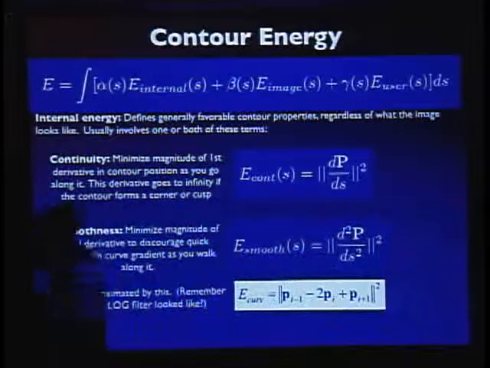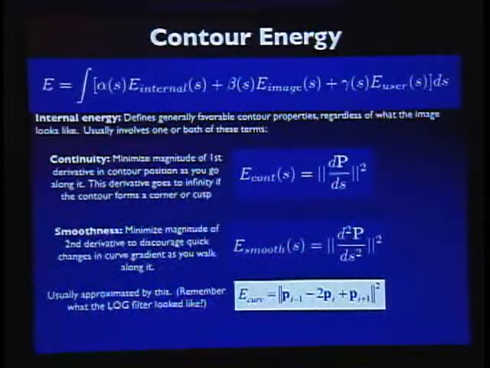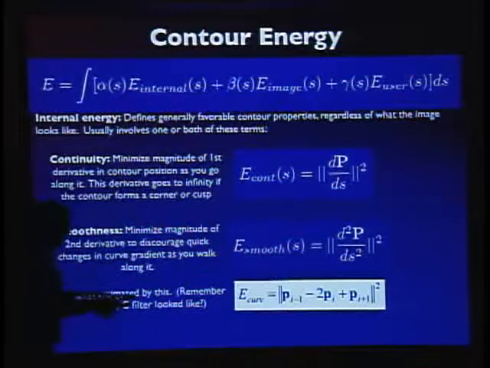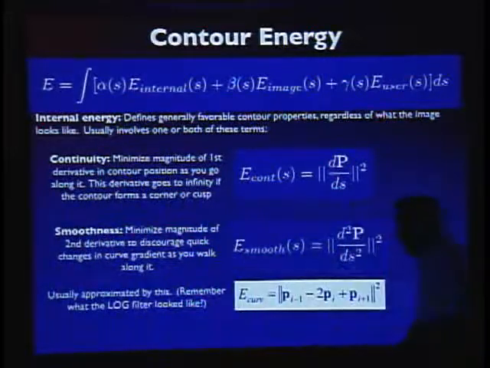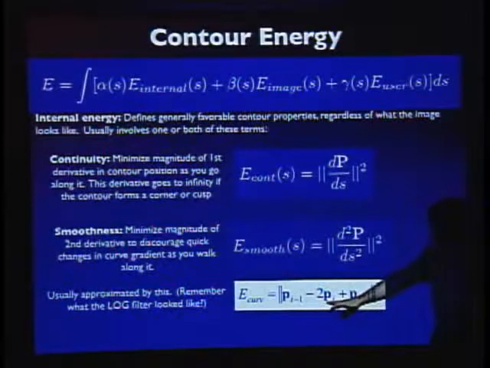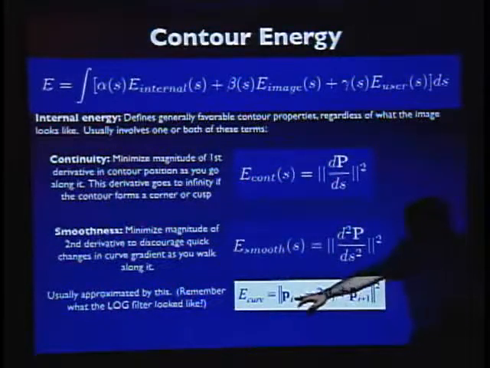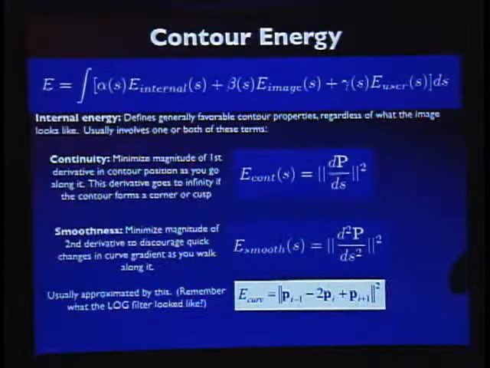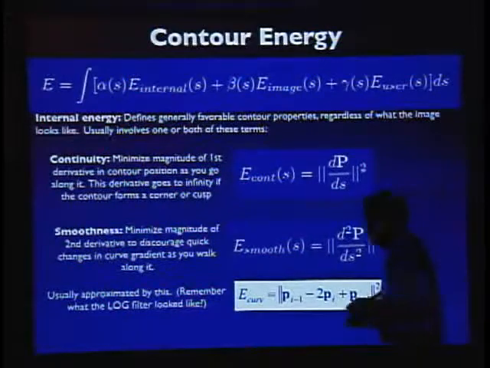What this is doing is trying to minimize the curvature, which is to say it's trying to minimize the degree to which the contour is wiggling in a high frequency way. Usually you can approximate this second derivative by taking the point position for one contour point, if they're closely packed together, and taking this linear combination of -2 times the point that I'm at, plus the points on either side, which, if you plot that out, looks like a Mexican hat operator, like a Laplacian of Gaussian.